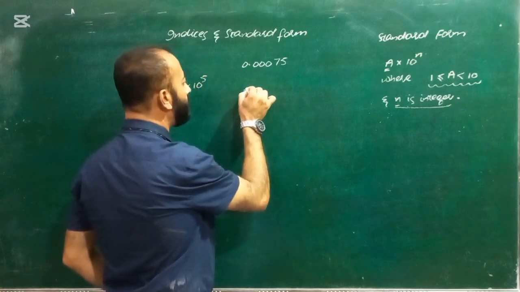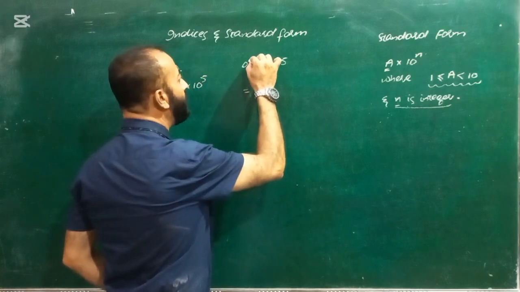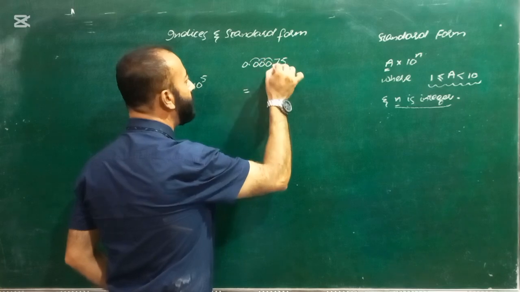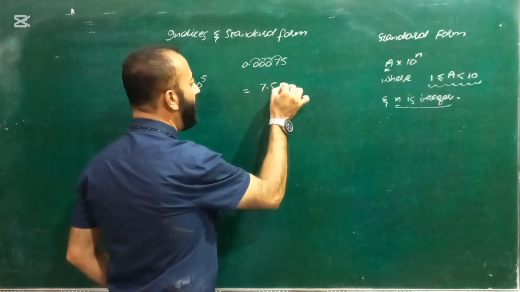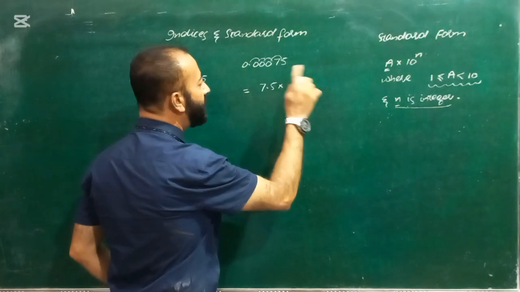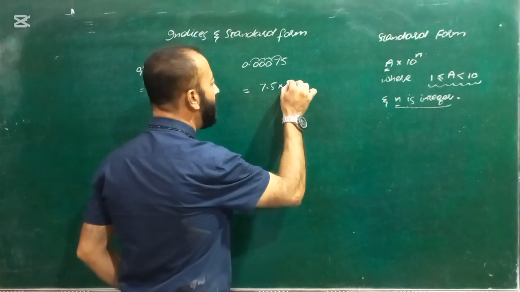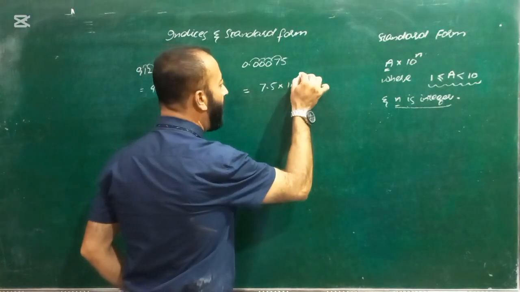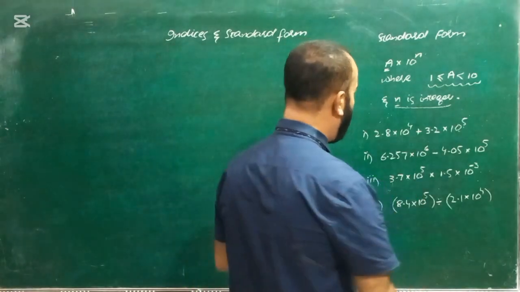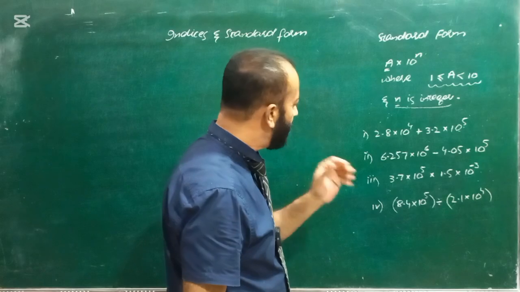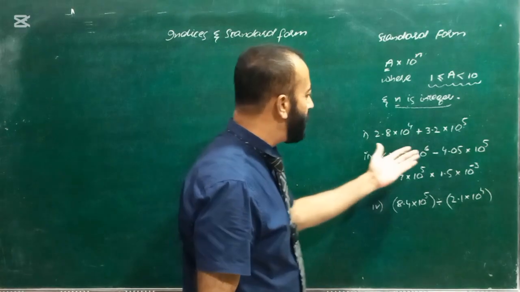So look now, the point will move 1, 2, 3 and 4 places. So 7.5, and because the point has moved towards the right 4 places, 10 raised to the power minus 4 will be put.